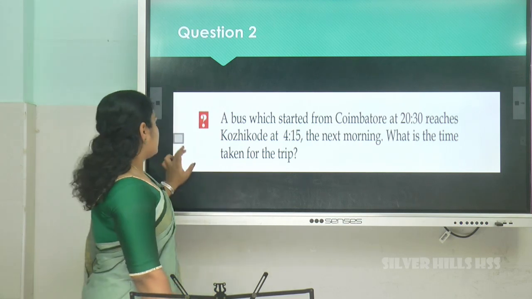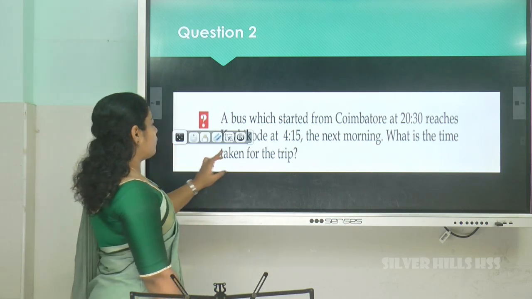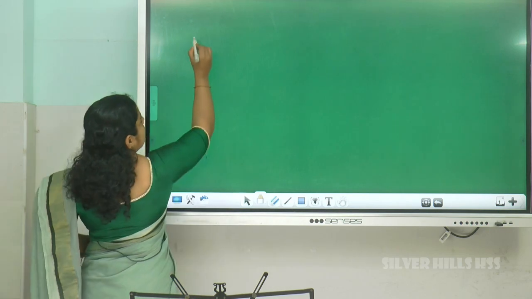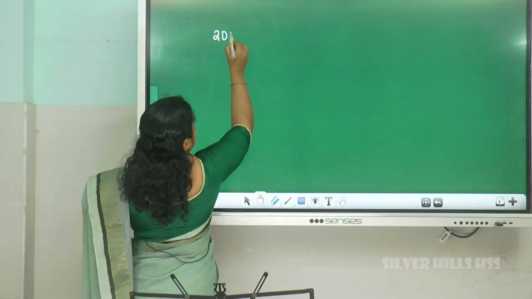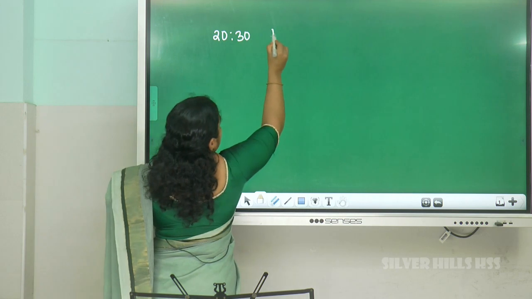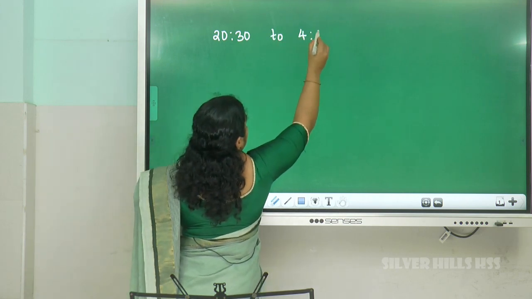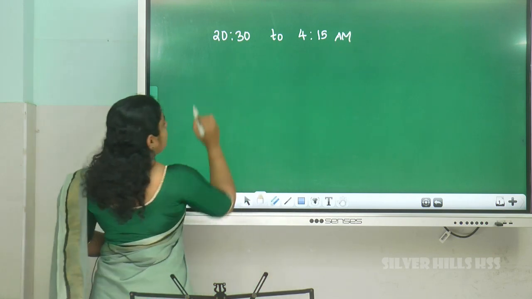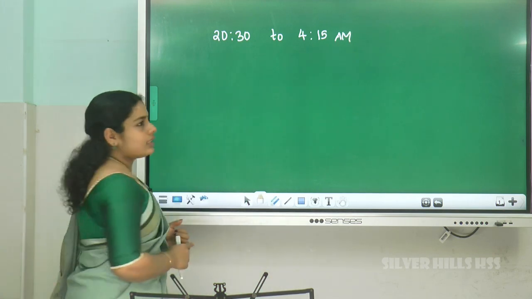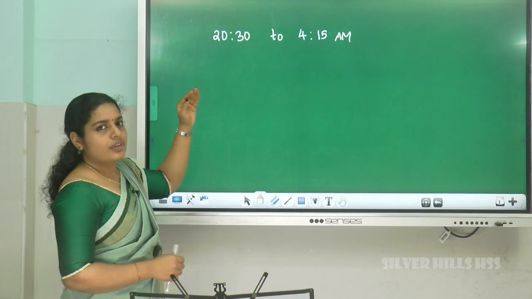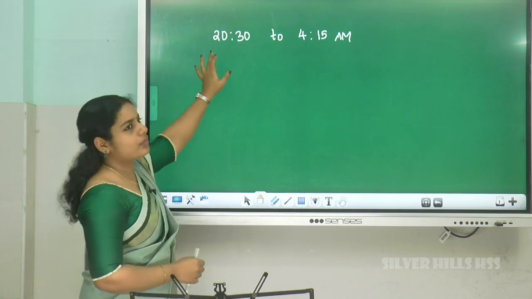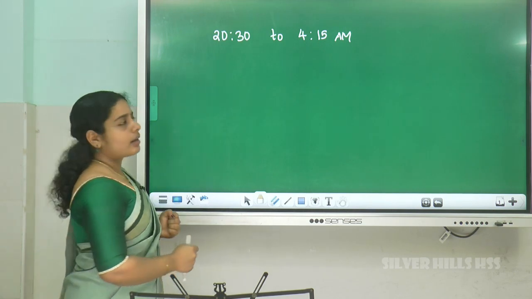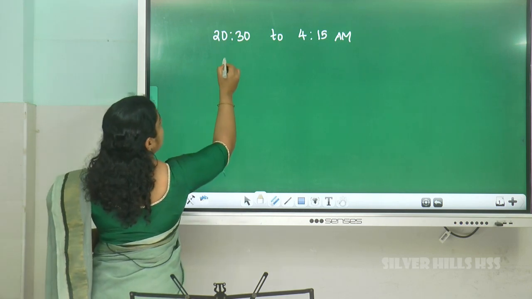So, 20:30 to 4:15. It is AM, no? Now, 20:30 means it will be PM, and to convert 24-hour clock to 12-hour clock, we have to subtract 12 from the hour part. So, 20 minus 12 is 8.